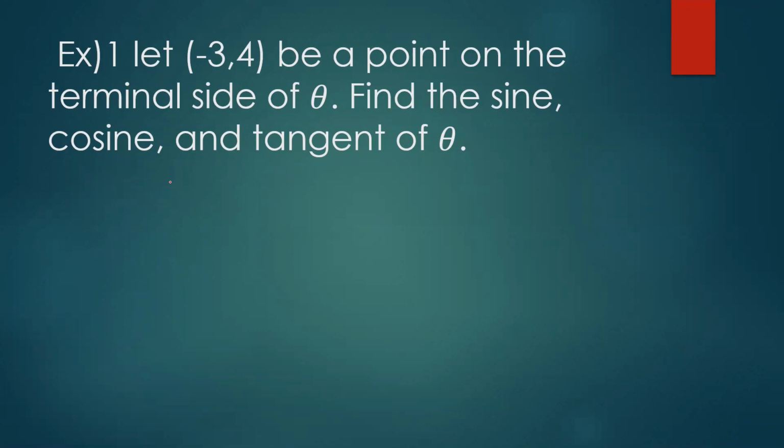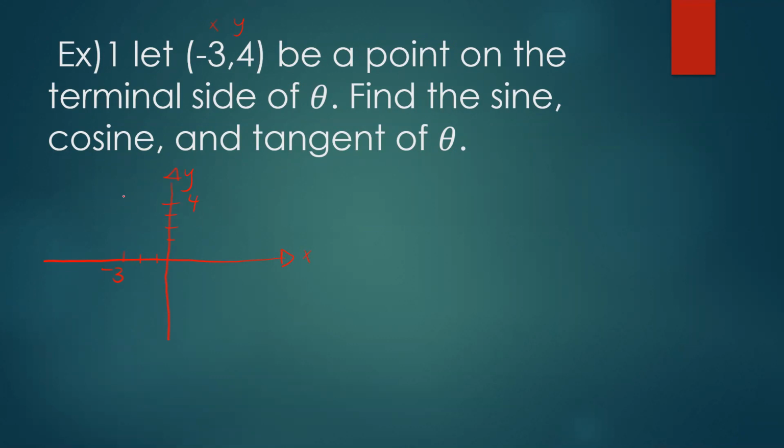So let's plot that point, -3, 4. Here's my x-axis, here's my y. So -3 is an x value, and this is a y value. So this is 1, 2, 3. Here's -3, and then up 4: 1, 2, 3, 4. There's 4.